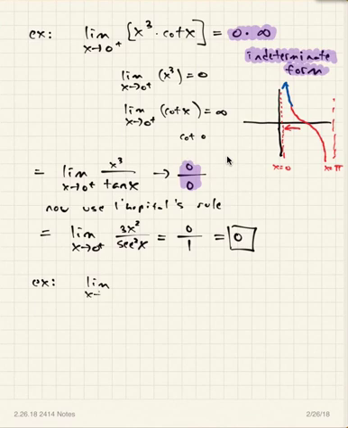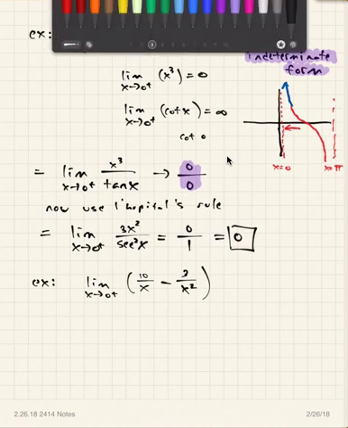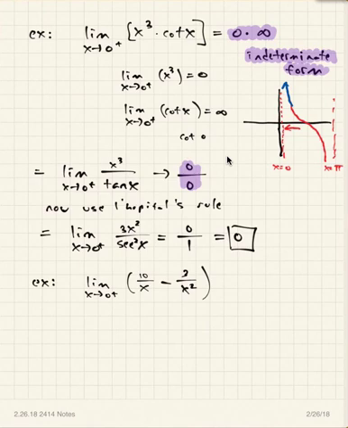Next problem, we have the limit as x goes to 0 from the right of 10 over x minus 3 over x squared. All right, so once again, don't forget some stuff from blast from the past on limits.